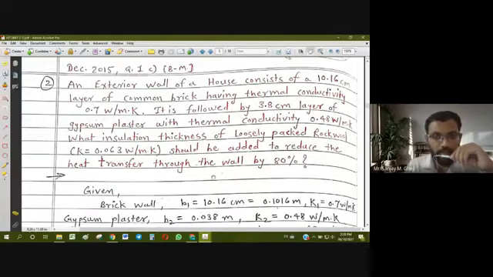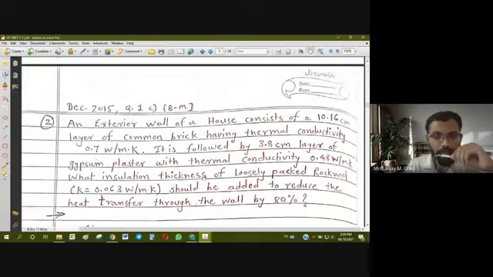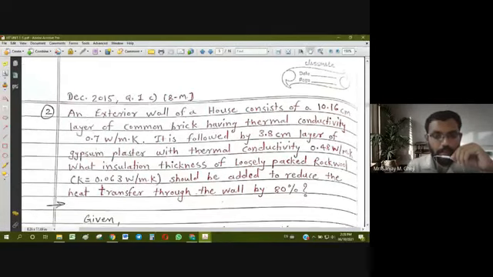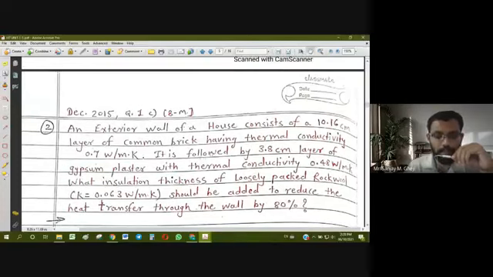Okay, so for this, we have to use the concept of equivalent thermal resistance. First, we have to take two cases. Case one will be the existing wall without any insulation, and case two will be the wall with insulation.